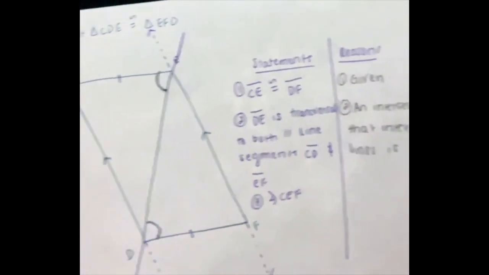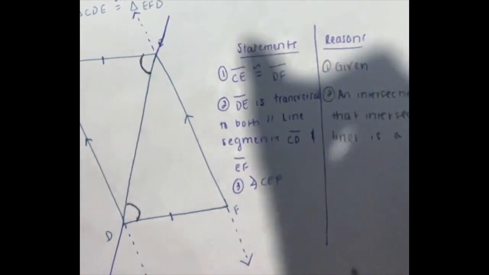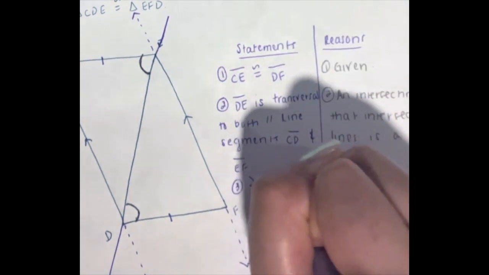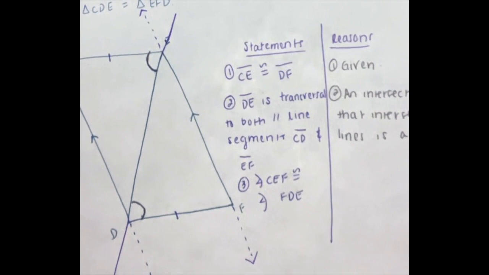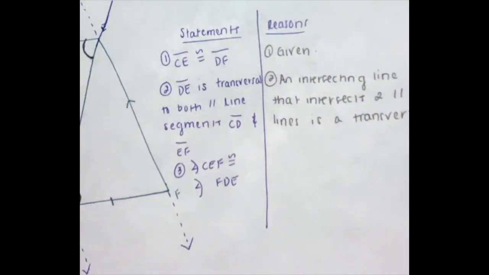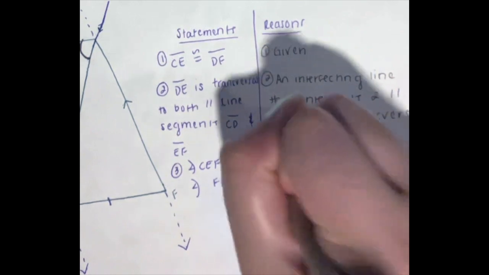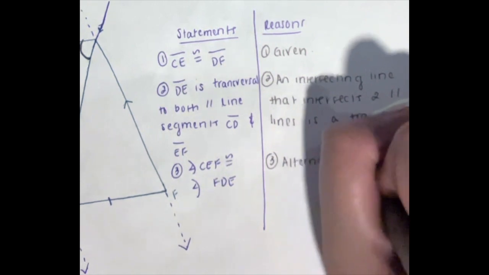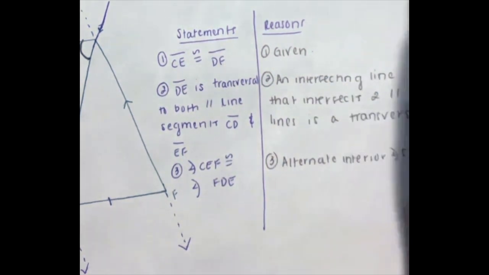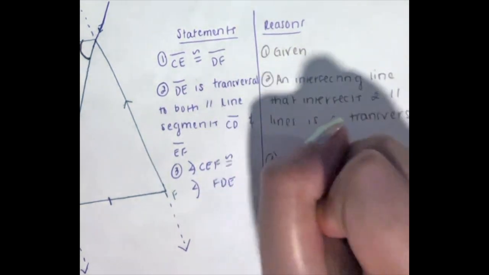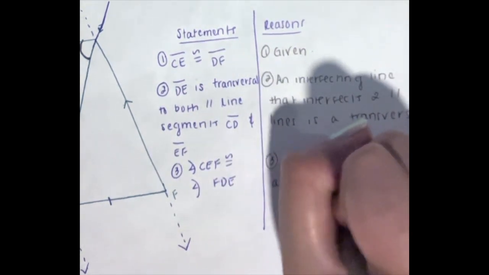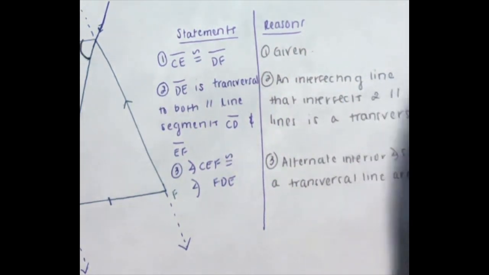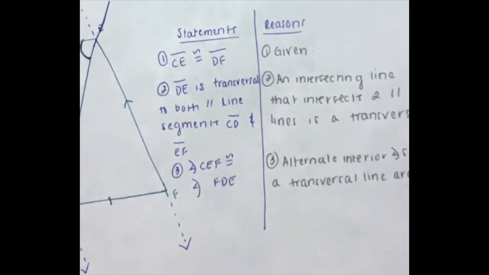So angle CEF is congruent to angle FDE. And again, we have to write a reason. The reason here is going to be alternate interior angles of a transversal line are congruent.